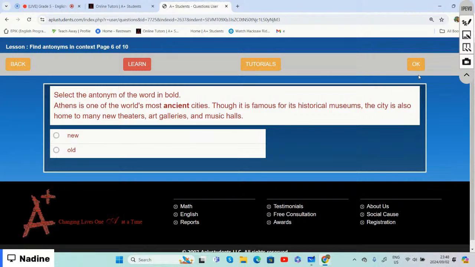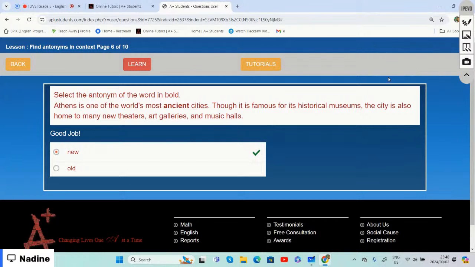All right, and then we can say the opposite of ancient is new.